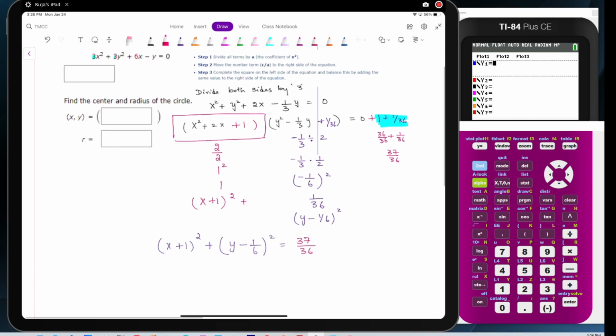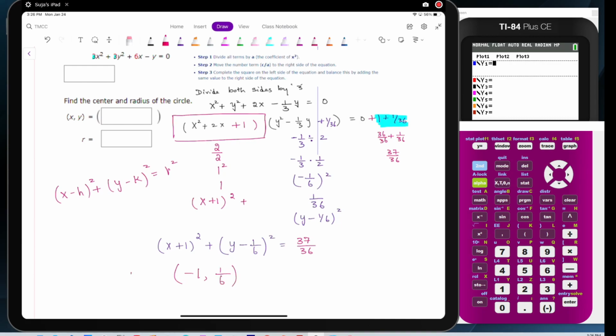Now again, from here I need to find what the center is. So again, because we know our standard form of writing an equation of a circle is x minus h the whole squared plus y minus k the whole squared is equal to r squared. The numbers that go in h and k, so h is negative 1 and k would be 1 over 6.